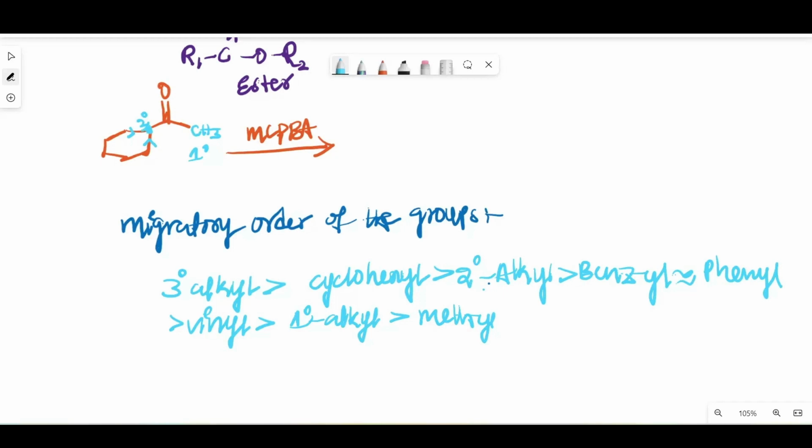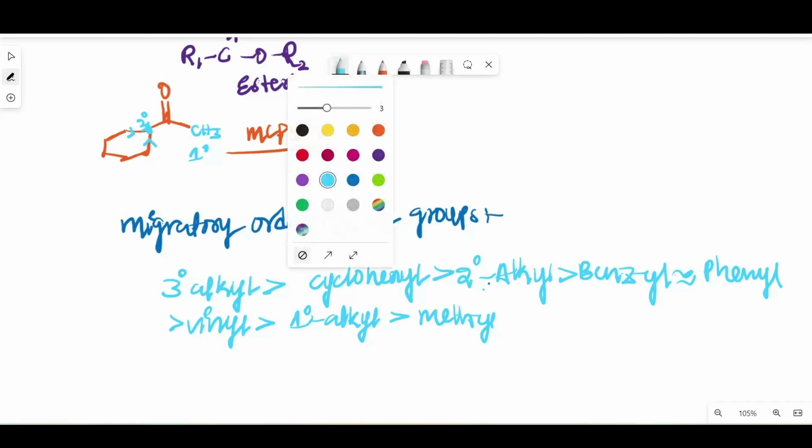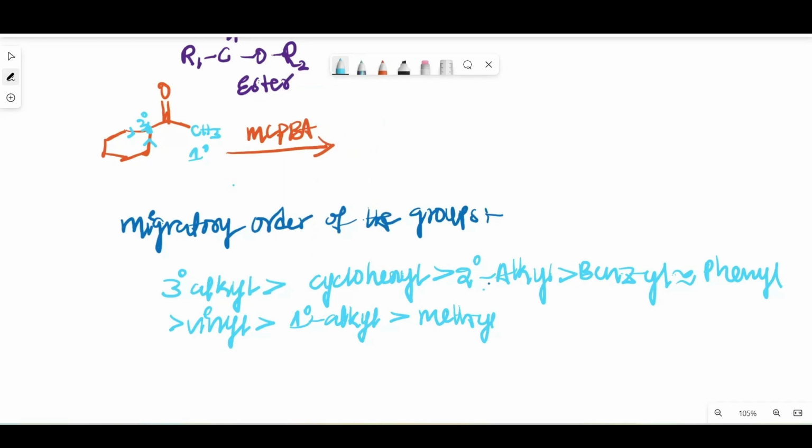For this carbon, no one is there to donate, so it is less electron rich. So we need to insert oxygen in between this carbonyl carbon and this group. That's it about this reaction, nothing much. You can easily write the product O C=O CH3.